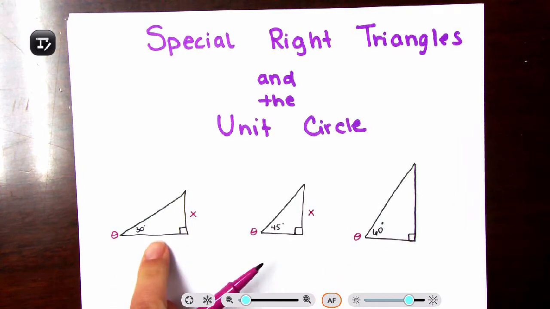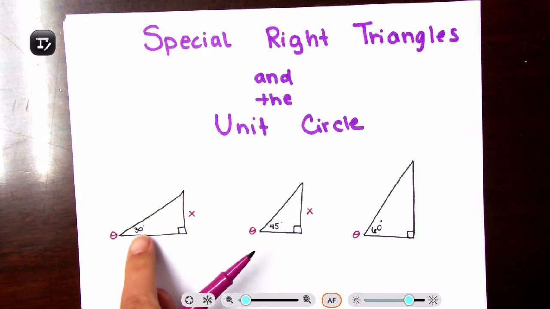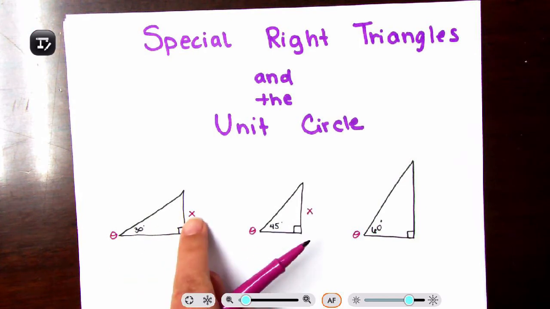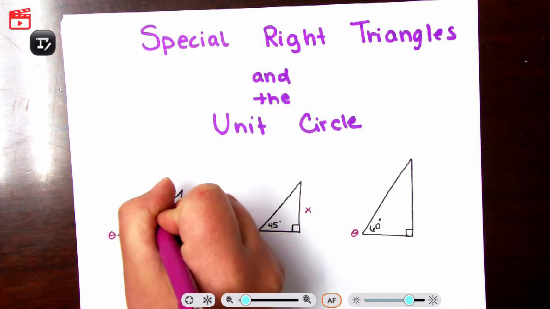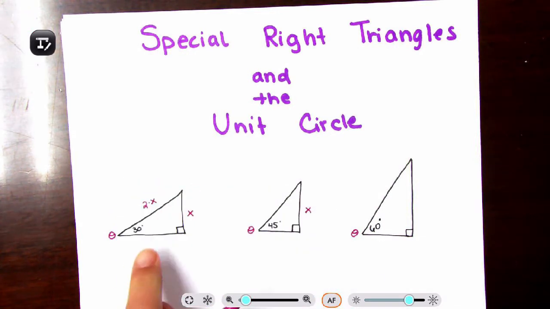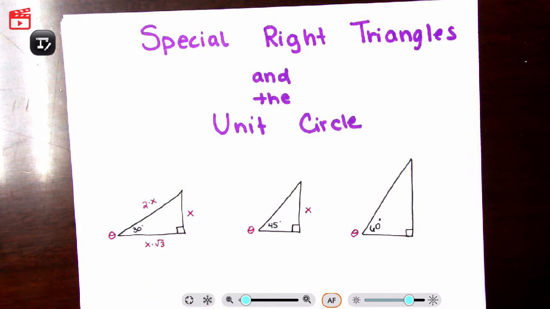So let's go back to our 30-degree triangle. If we have 30 degrees, across the street is x, that means our hypotenuse is x times 2. And our leg right here, this longer leg, is x times root 3.